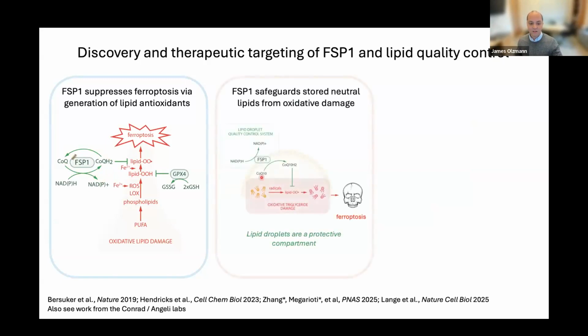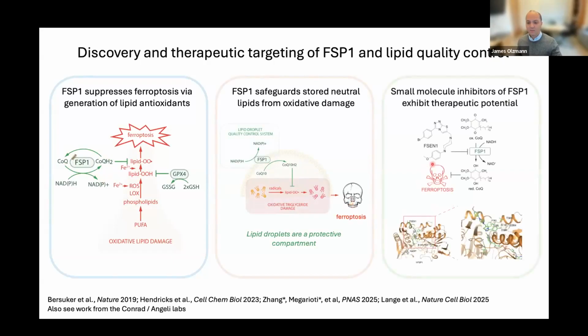Recently, we've discovered a role for FSP1 on lipid droplets where it's protecting stored neutral lipids from damage, which can otherwise propagate and lead to ferroptosis. And we've also developed small molecule inhibitors against FSP1 and recently solved the co-crystal structure, enabling rational medicinal chemistry of these molecules, which I think will be beneficial as we start to move to more therapeutic models.